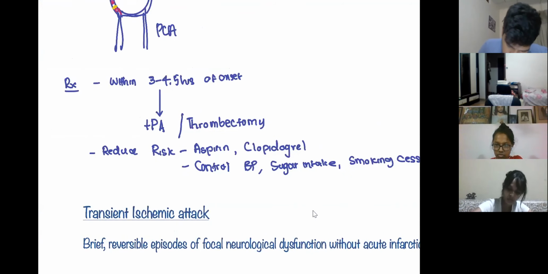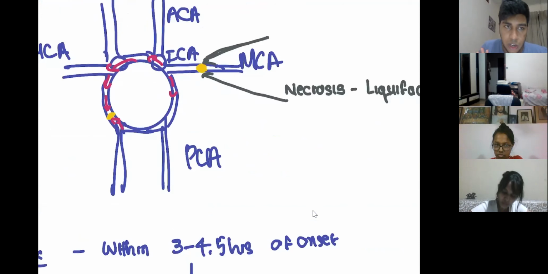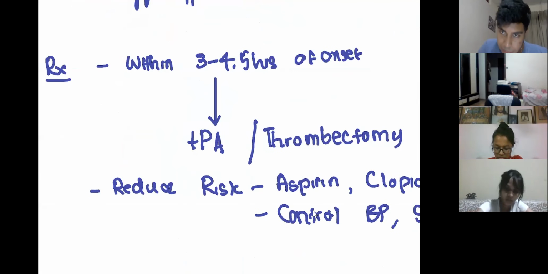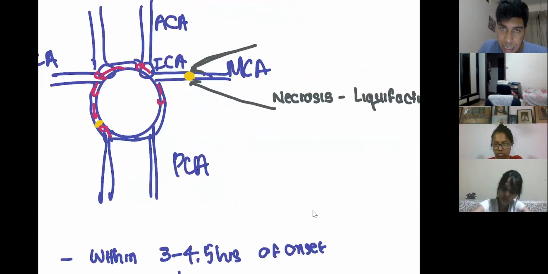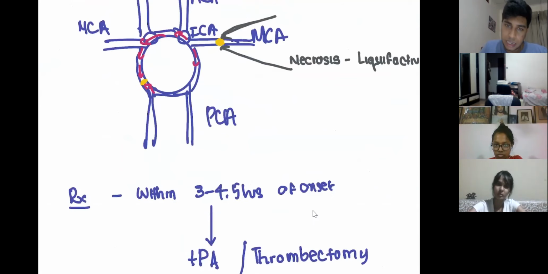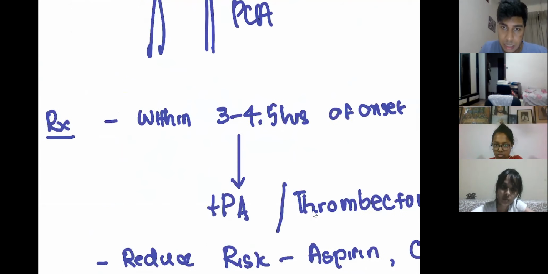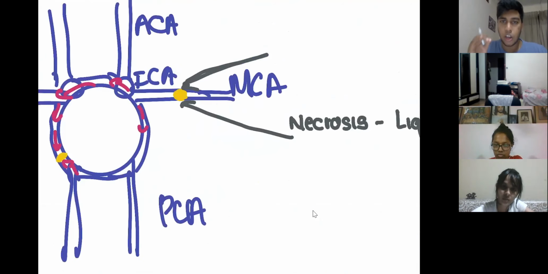So basically what we are trying to do is dissolve that clot. We are trying to stop the platelets from forming that clot. If you give something like TPA, it helps dissolve the clot. You will learn this when you learn blood diseases, but basically it helps break the clot. TPA stops platelet activity.